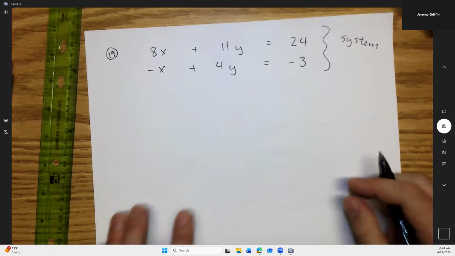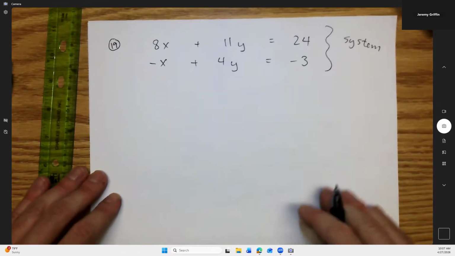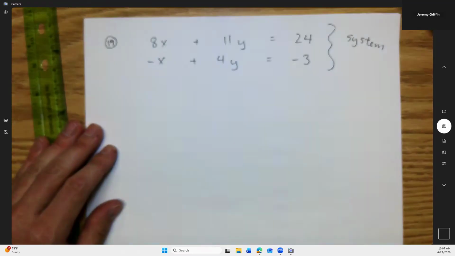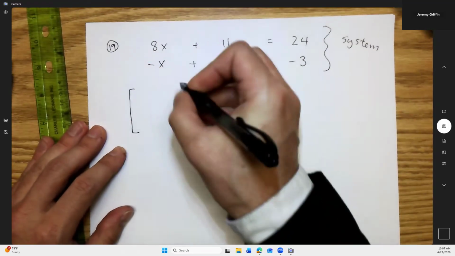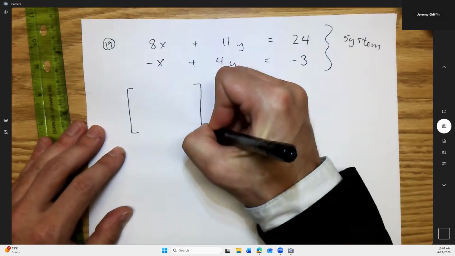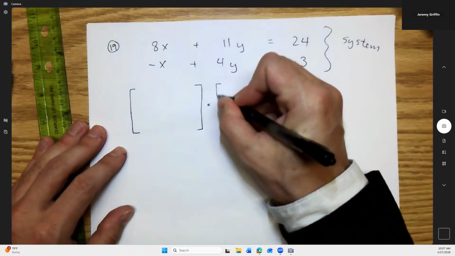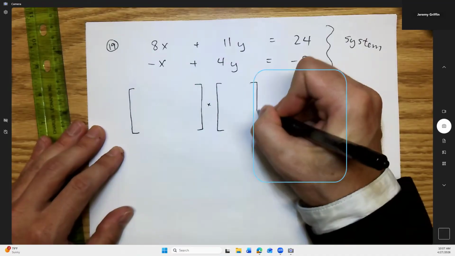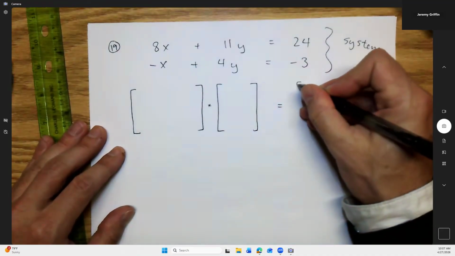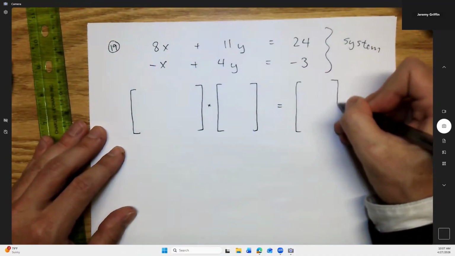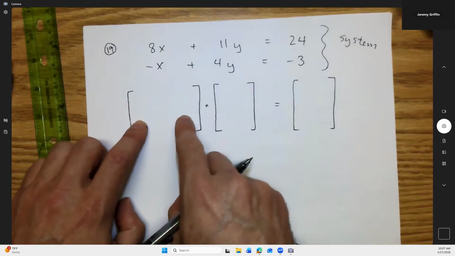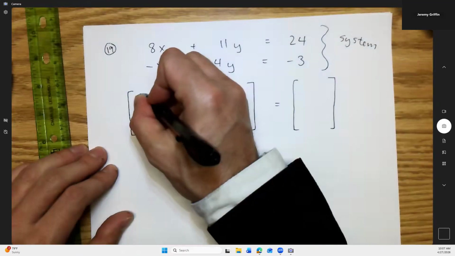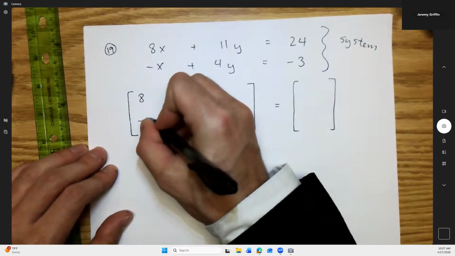Right. Again, you have old methods of doing this: substitution, elimination, and so on. Let's make this into matrix style. What 4 numbers go here, here, here, and here? 8, 11, and -1 and 4.